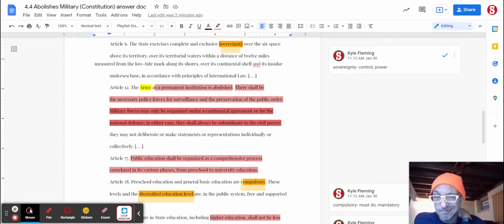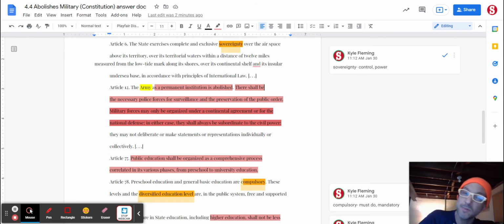That would probably be something with their neighbors, or like a North America, South America agreement, right? Or for the national defense. If maybe they were being invaded, maybe they could call up a military force. Okay, but in both cases, either continental agreement or national defense, they are subordinate to the civil power.